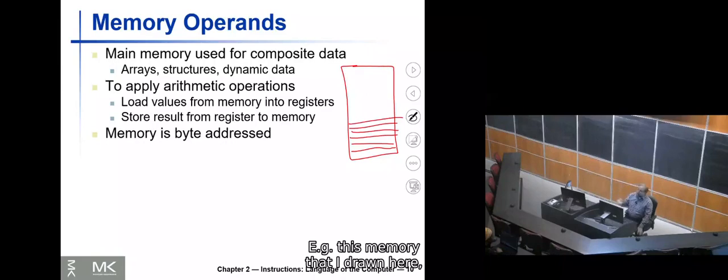For example, this memory that I've drawn here has, let's say, 1 mega cells, and each cell has 8 bits of data.